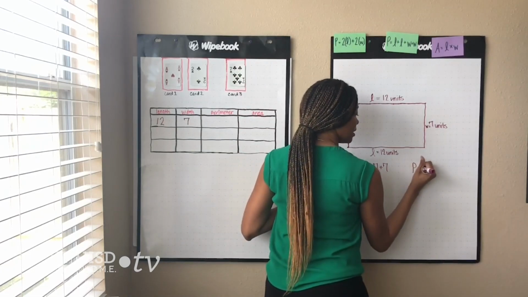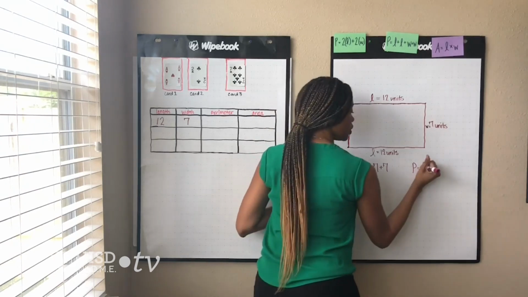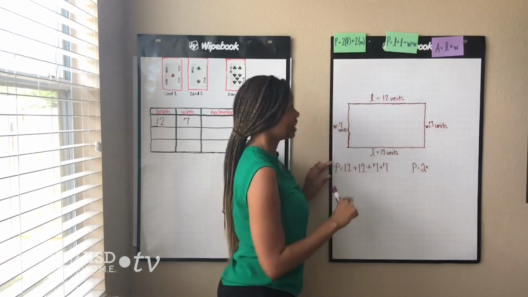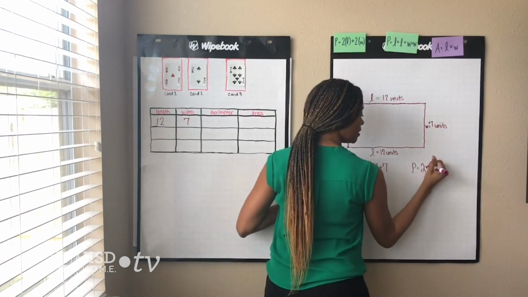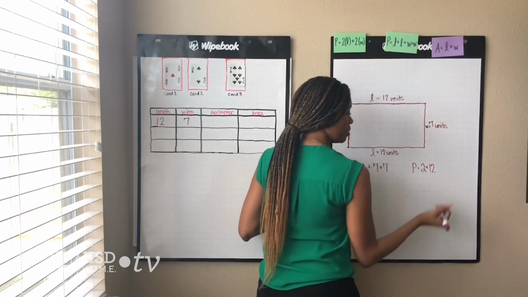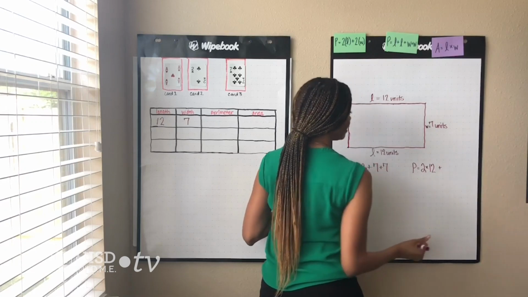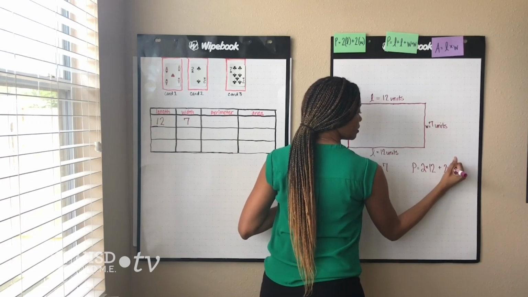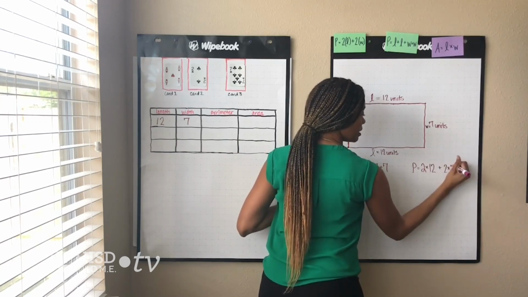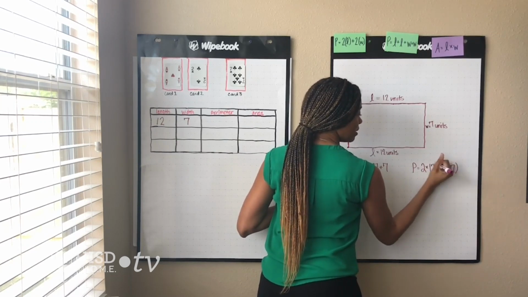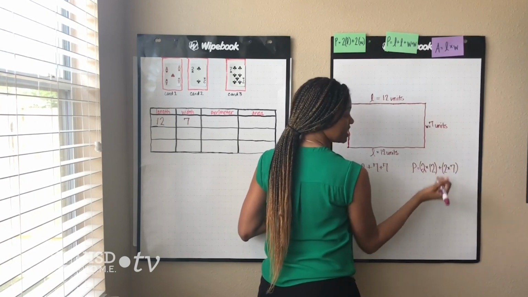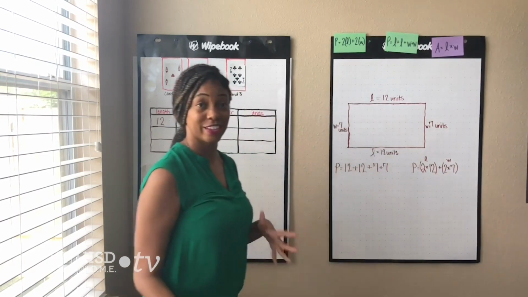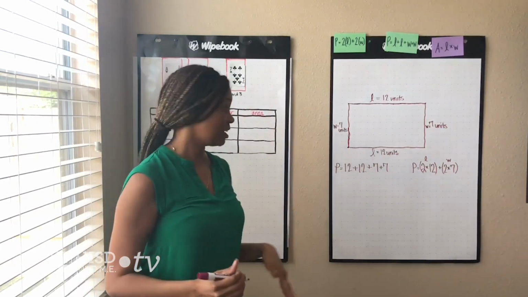Perimeter equals 2 times the length, which is 12, plus 2 times my width, which is 7. And I'm going to put parentheses so that way I can remember that this is my length and this is my width. Okay? So now let's go ahead and solve it.